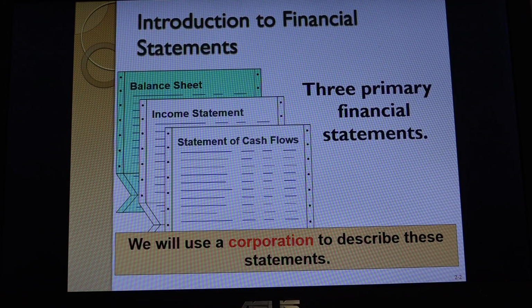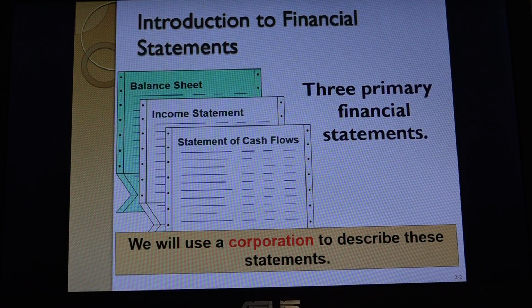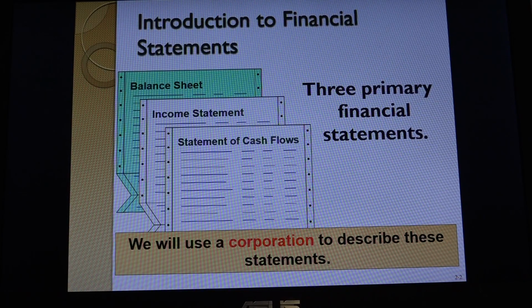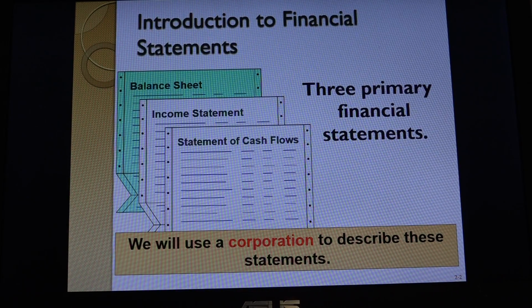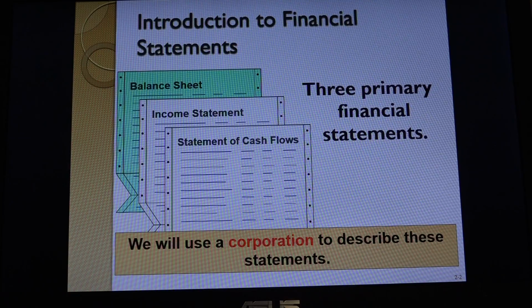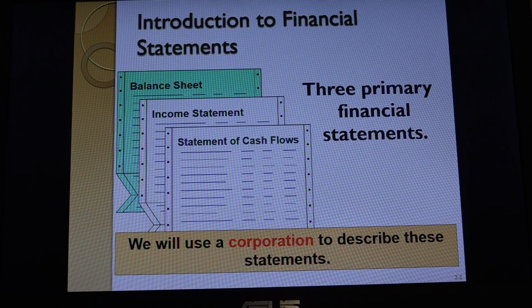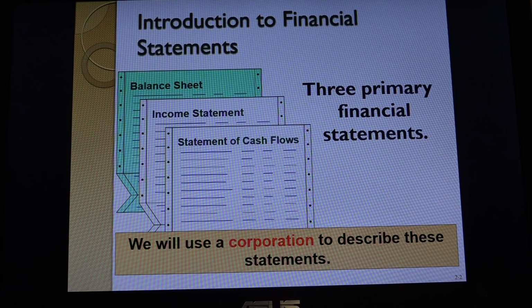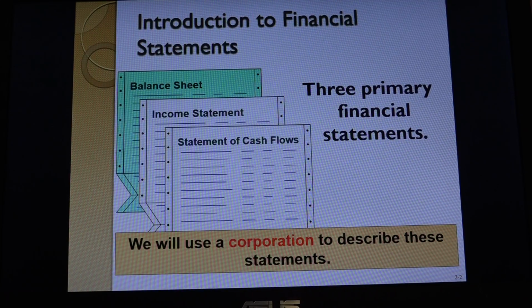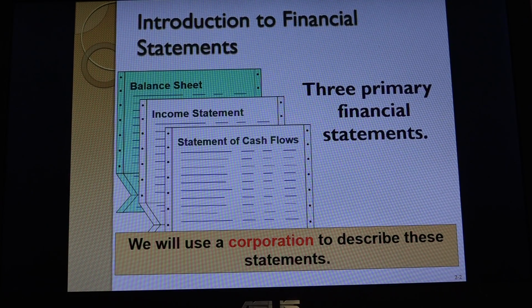In this example, there's different types of business entities that you could have. You could run your business as a sole proprietorship. You could run your business as a partnership, or you could run your business as a corporation.